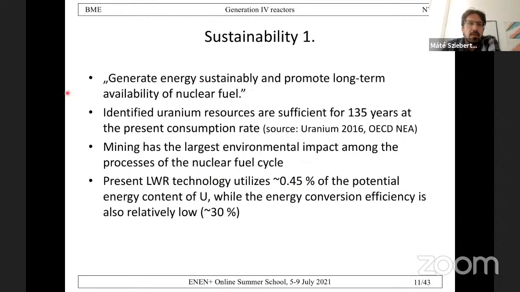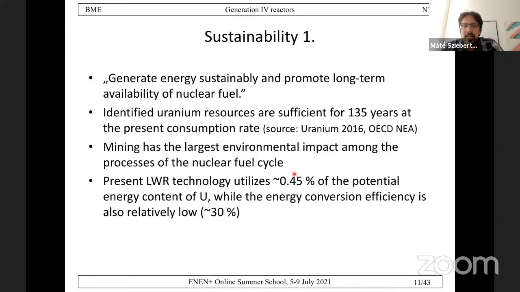So let's look a little bit more into these goals. In the sustainability goal, to generate energy sustainably and promote long-term availability of nuclear fuel, we discussed yesterday that the identified uranium resources are sufficient for about 135 years at the present consumption rate.